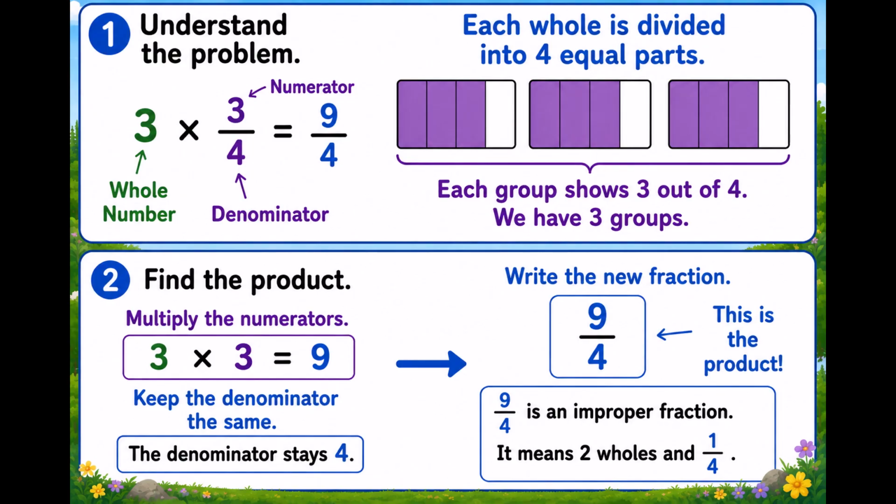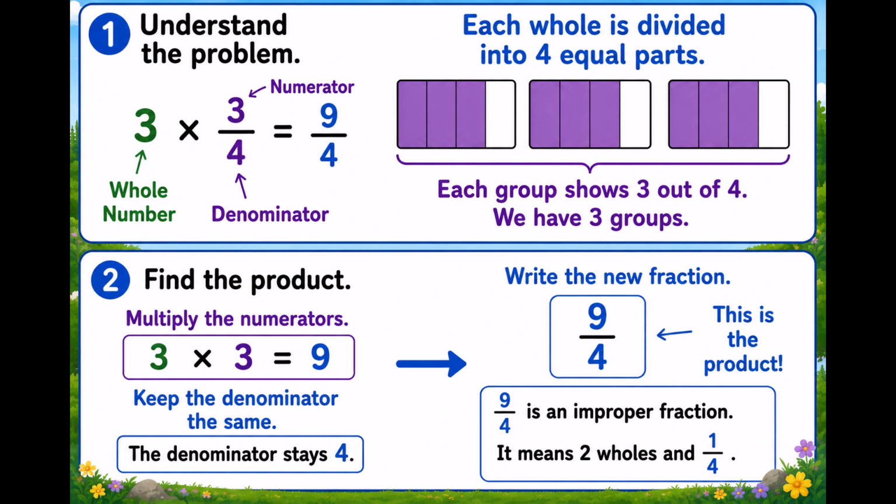First, you must understand the problem. The whole number is 3. Identify that whole number. Very simple. It is the one that doesn't have a fraction. So the whole number is 3. That means we have 3 groups, 3 whole groups. Now each group has 4 parts. It has 3 shaded because 3 was the numerator, but it has 4 panels.